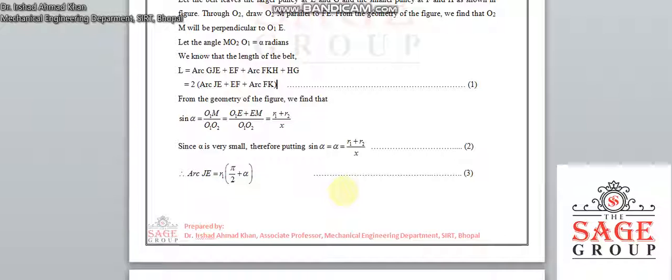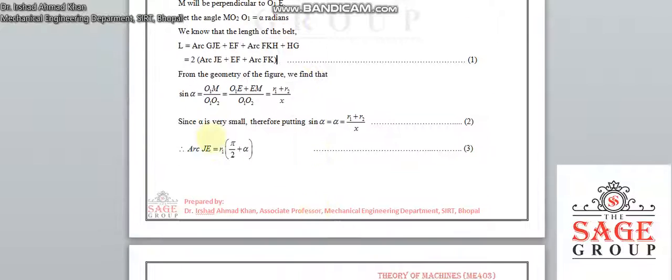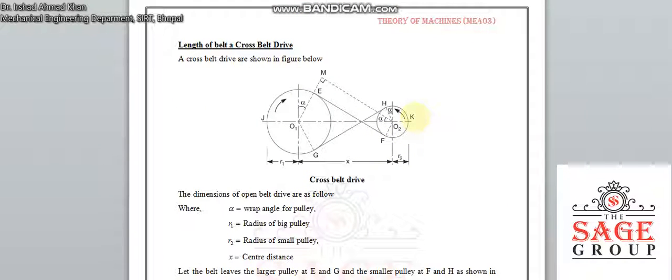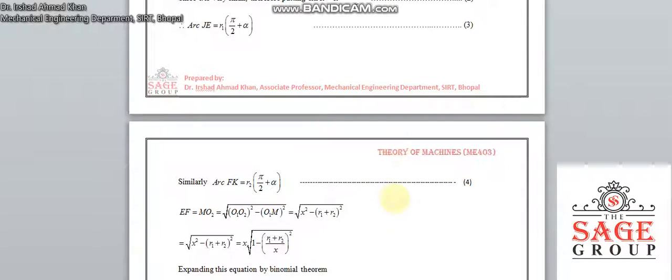Since alpha is very small, sine alpha is equal to alpha, which is R1 plus R2 upon X. The arc JE will have the angle pi by 2 plus alpha and the radius of this pulley, so it becomes R1 times pi by 2 plus alpha. Similarly the arc FK has the angle pi by 2 plus alpha, so it becomes R2 times pi by 2 plus alpha.